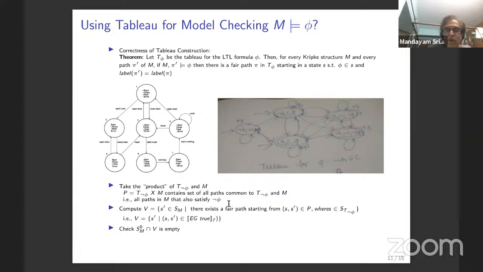Okay, and doing this, computing this V is reduced to doing EG of true under fairness constraints, because true is always true. So you're just getting all those states from which there is a fair path. And if there is one, then that will certainly be satisfying not phi, which would be violating the phi.